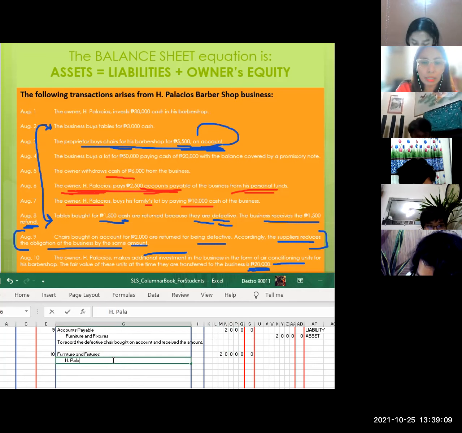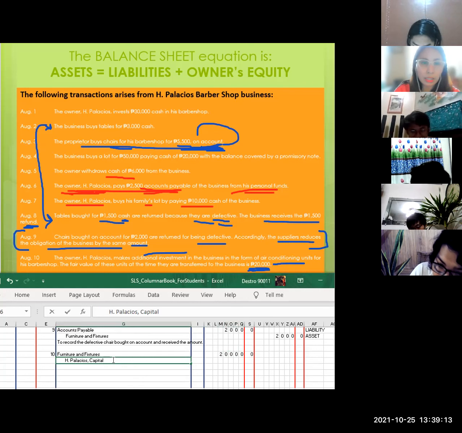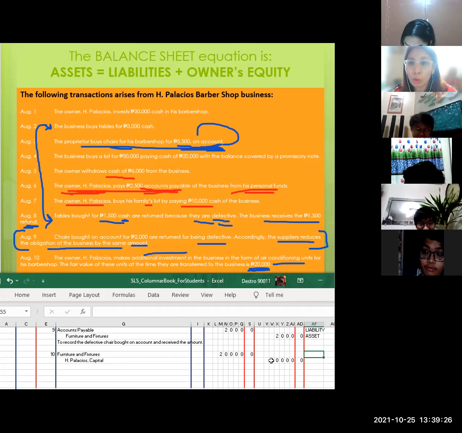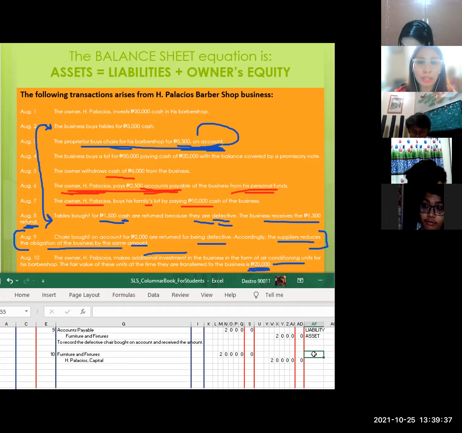So H. Palacios, Capital, the same amount, 20,000 pesos. The investment of the owner is not only cash. It can be a vehicle, aircon, a building, or any assets.